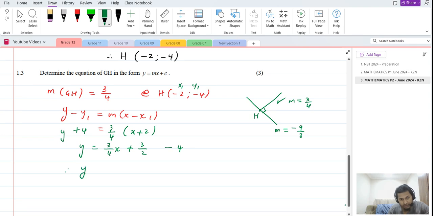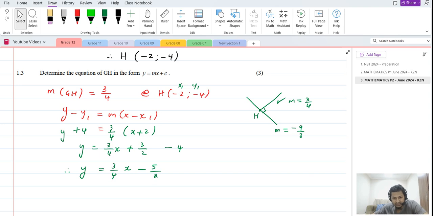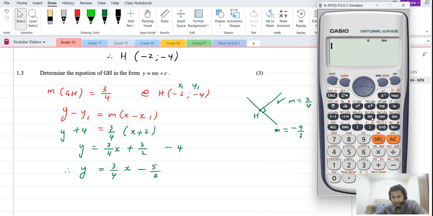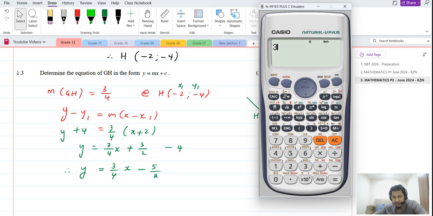So therefore we have y equals 3/4 x plus 1.5 minus 4, which is -2.5, giving us -5/2. You can check this on the calculator, right? You can just say 3/2 minus 4. Right, so what we have is -5/2.